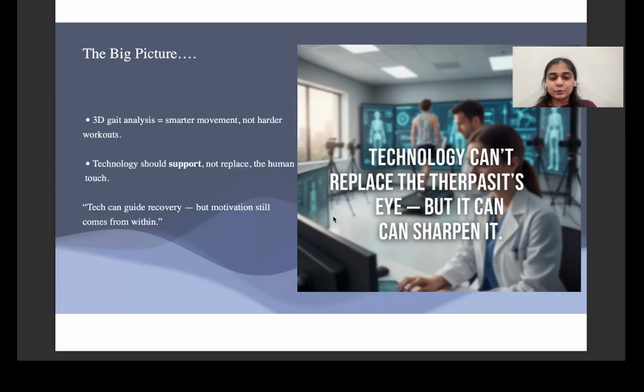So it always supports us. It does not replace that human touch. So we always need to be trained because, as we know, AI can always make mistakes. So we can't fully trust it, but it gives us a better idea.